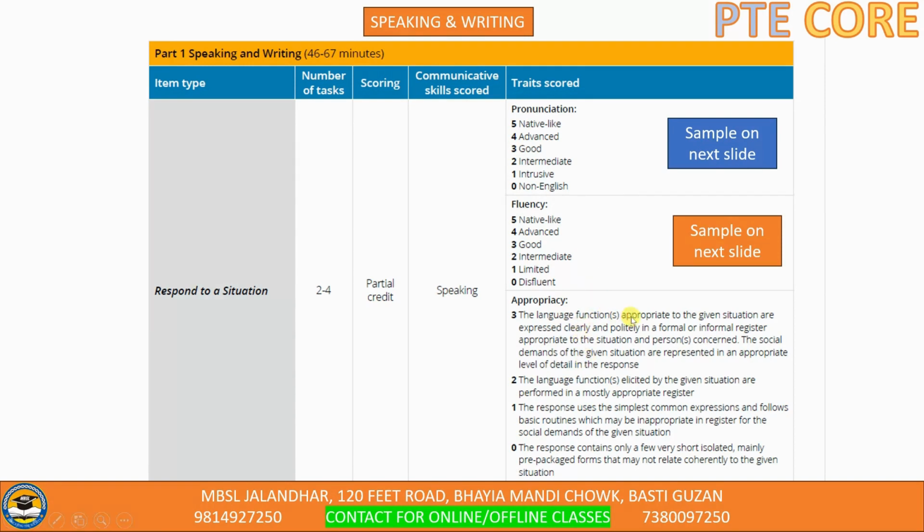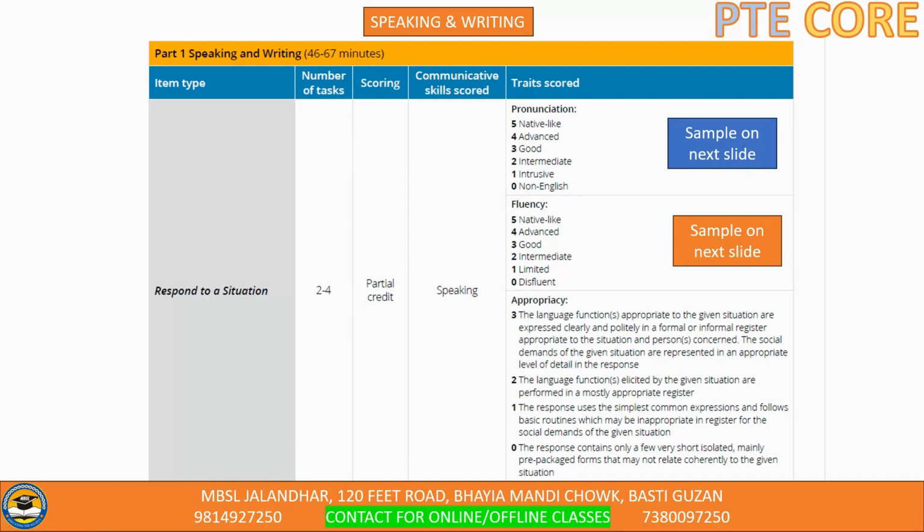This means the language functions appropriate to the given situations are expressed clearly and politely in a formal or informal register. Whether your task is formal or informal, your tone should be accordingly. If it's formal and you're saying something in a formal tone, then of course you will get the score, otherwise the chances are quite less. Second, the language functions elected by the given structures are performed in a mostly appropriate register, but not always.